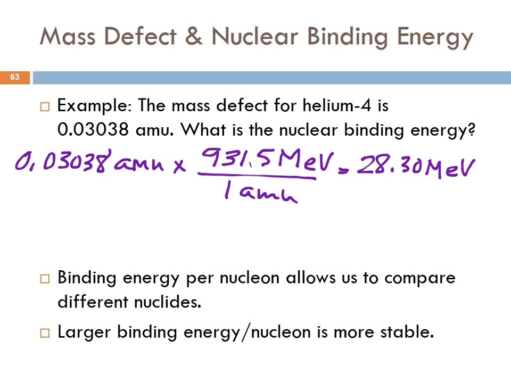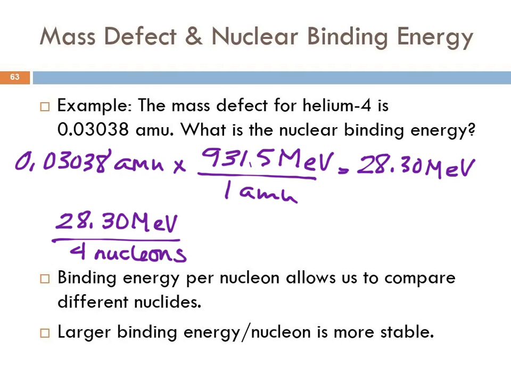So to calculate that binding energy per nucleon, you just take the binding energy, 28.30 mega electron volts, and divide it by the number of nucleons. How many nucleons does helium-4 have? 4. It's the mass number. Per 4 nucleons. And that gets us 7.075 mega electron volts per nucleon.